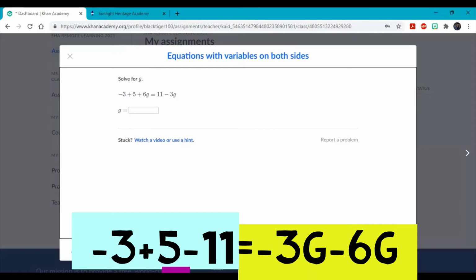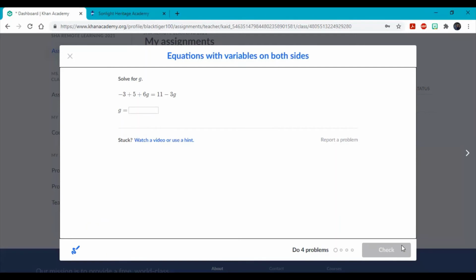Okay? Now that we've moved our variable and our constant, we now have like terms on either side. So now let's combine the terms. -3 plus 5 is +2. +2 minus 11 is -9.